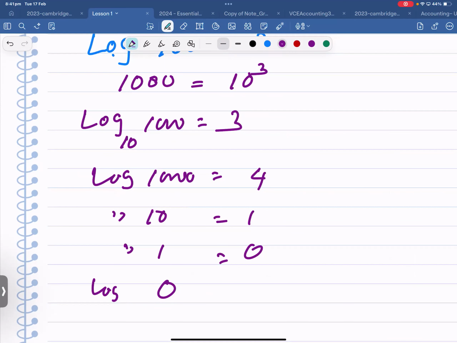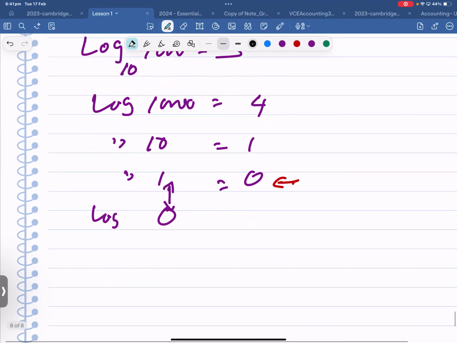There is no value, undefined. However, if you ask me the log value in between 0 and 1, what are those? All minus values. Why? See, this is 0. How it happens, I'll explain to you.